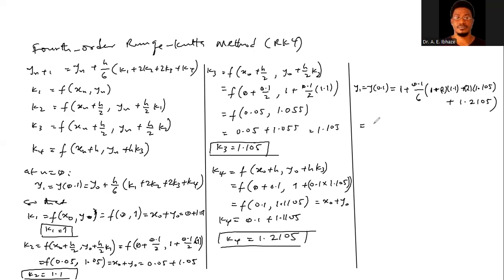So this is going to give us 1 plus 0.1 divided by 6 times the sum, which is 6.6205. And this is going to give us 1 plus 0.1103417.